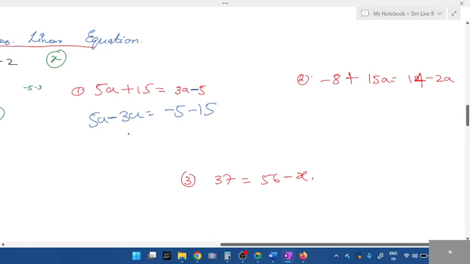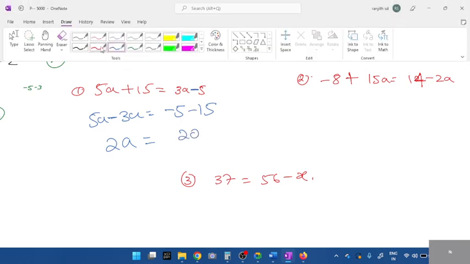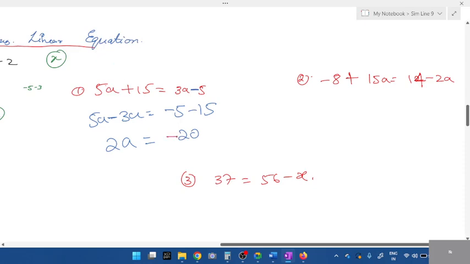What is 5 minus 3? 2a. Yes. Next, not plus. Minus into minus is plus. You have to add 15 plus 5 is 20. Which sign is greater? What's the answer? Minus 20.